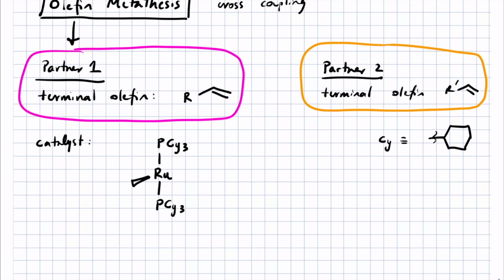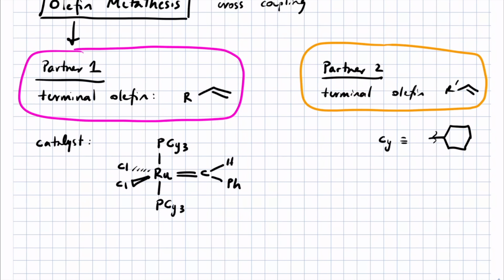Those are axial ligands, pointing up and down with respect to ruthenium, and then ruthenium in the plane. Equatorial ligands include 2 chlorines and then a doubly bonded carbon. They sometimes call that an alkylidene, and you buy the metathesis catalyst already doubly bonded to a carbon.